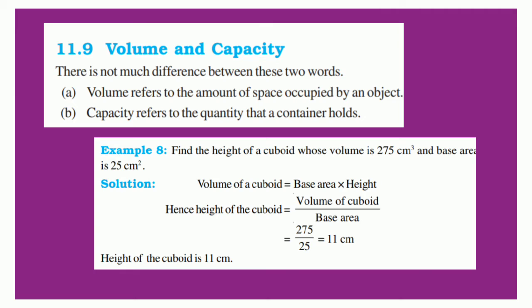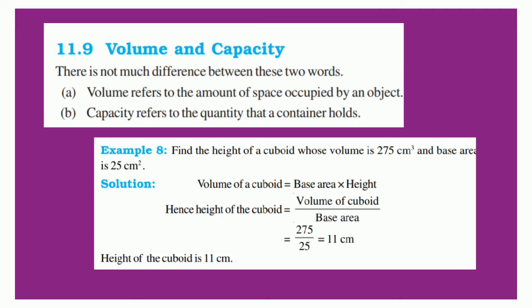Then what are the given measurements here? Volume is given as 275 centimeter cube and base area is 25 centimeter square. So volume and base area are connected. We have a general formula: volume of a cuboid is equal to base area into height.